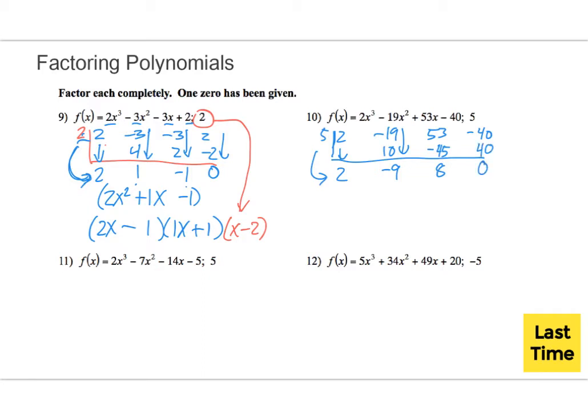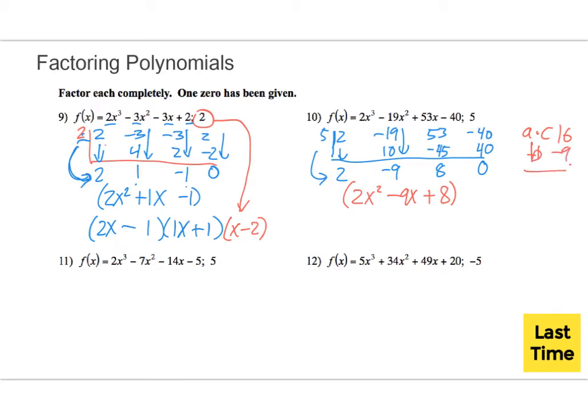Again, that shouldn't be a surprise. We're supposed to get factorable things out of this. That gets us 2x squared minus 9x plus 8. This one I'm going to factor out, so a times c is going to be 16, and we're trying to find things that multiply to 16 and also add up to -9.